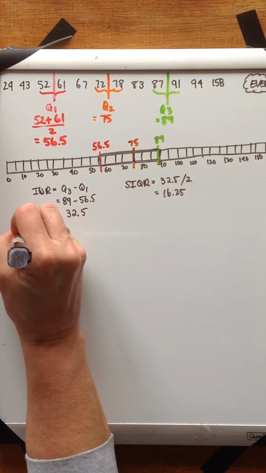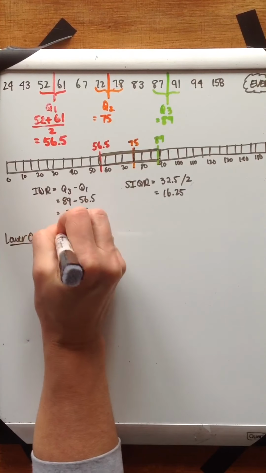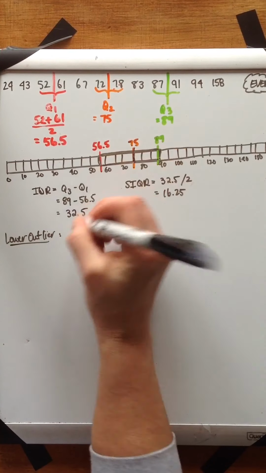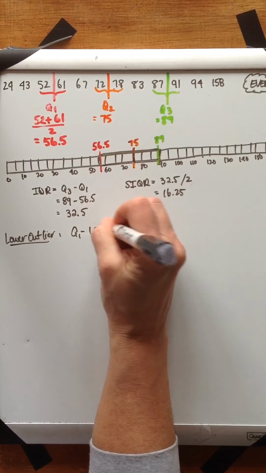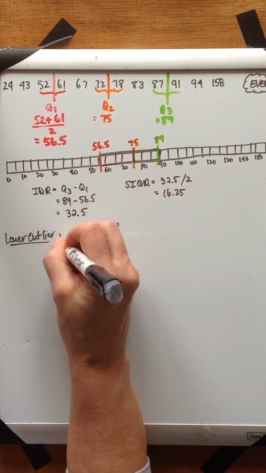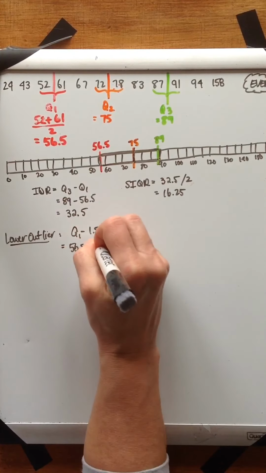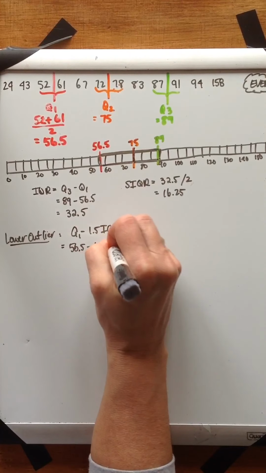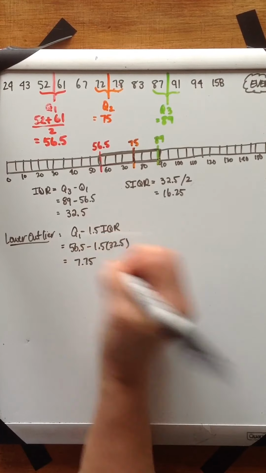So let's do a lower outlier calculation to see if 24 should be included. Again, we're going to take Q1 and subtract 1.5 times the interquartile range. So that would be 56.5 minus 1.5 times 32.5, and we end up with a value of 7.75.